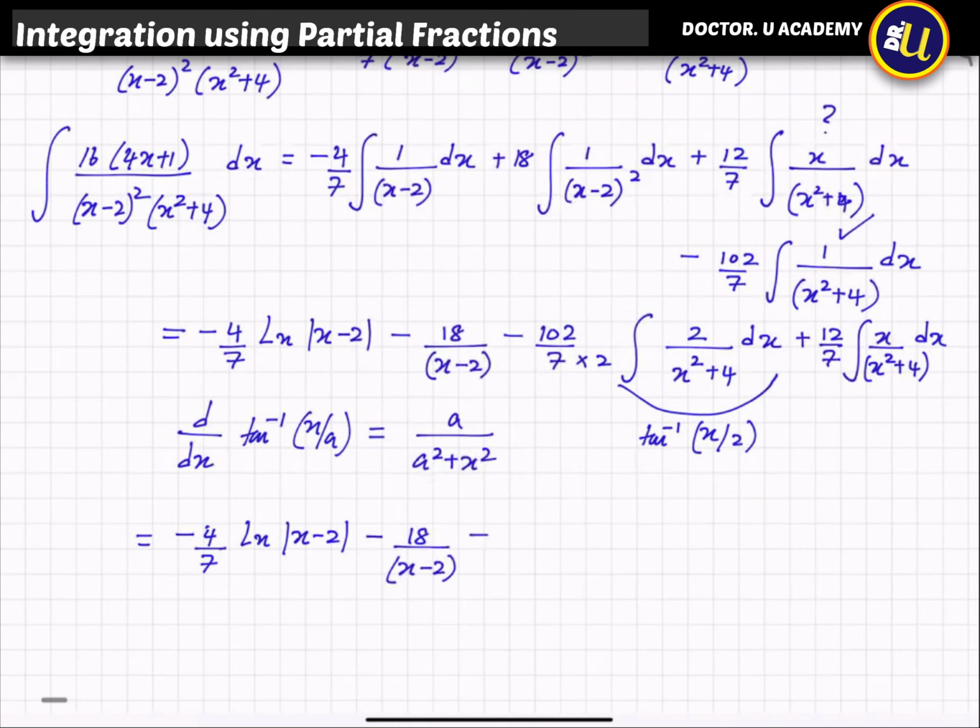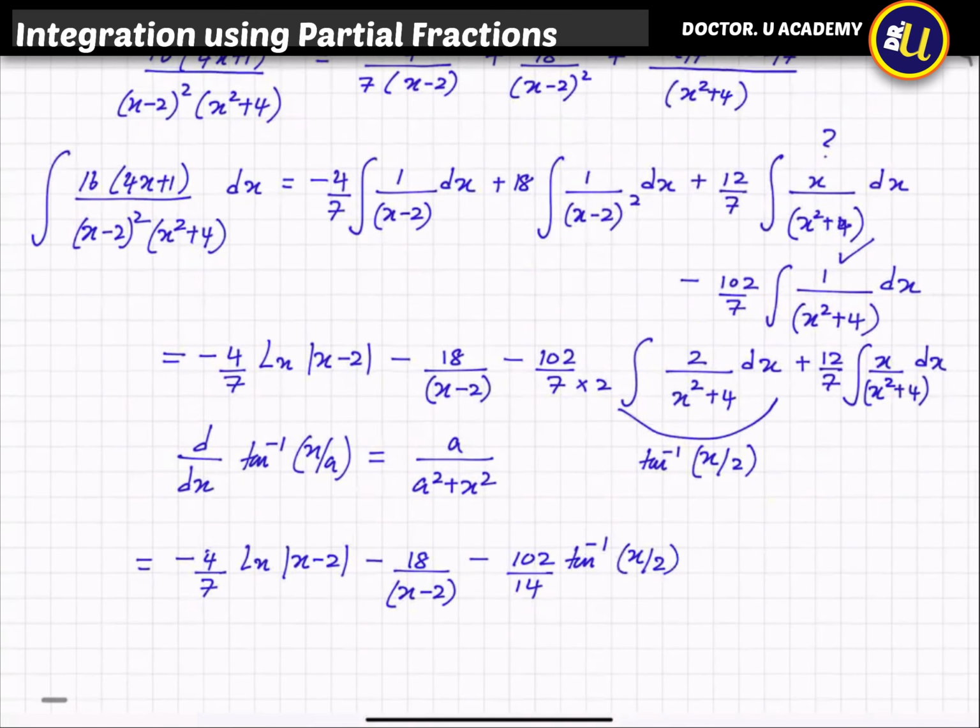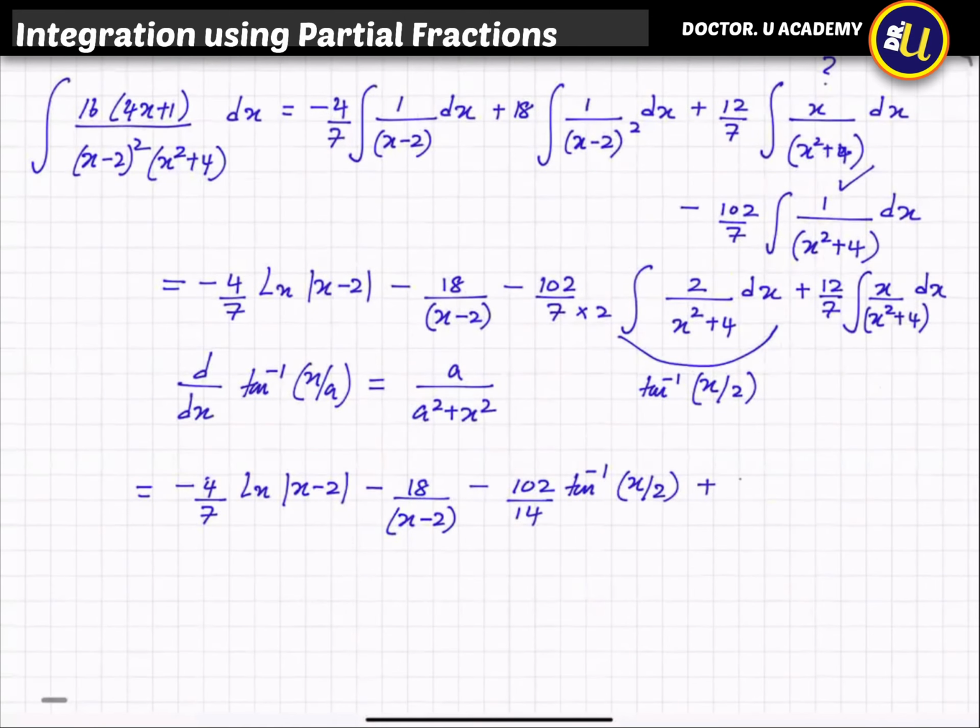Then here I get minus 102 divided by 14 tan inverse x divided by 2, and so this final term we have to take care of now. So 12 divided by 7 integration x divided by x squared plus 4 dx. This term now we have to take care of.